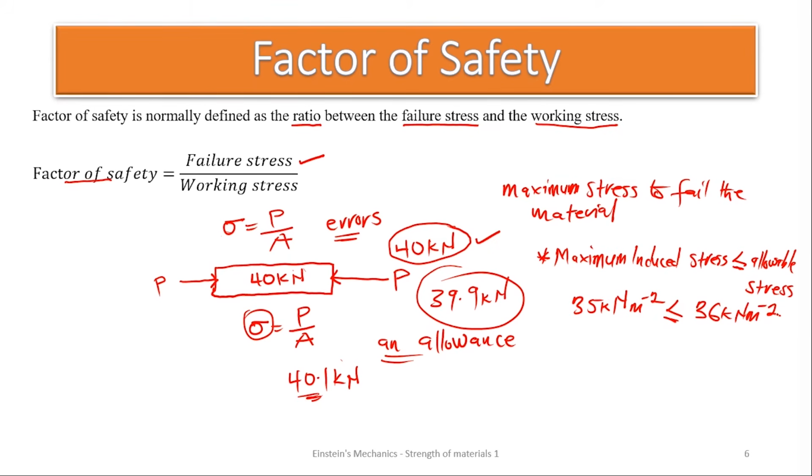You see that? So if I'm going to work with a 35 kilonewton stress, then I should allow the bar to have a maximum stress of what? 36, such that this will not overcome the material, causing it to fail. Do we understand? So the stress that is going to be induced in this bar should always be less than what this bar actually can contain.